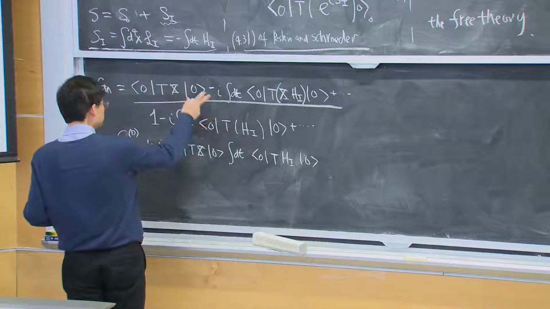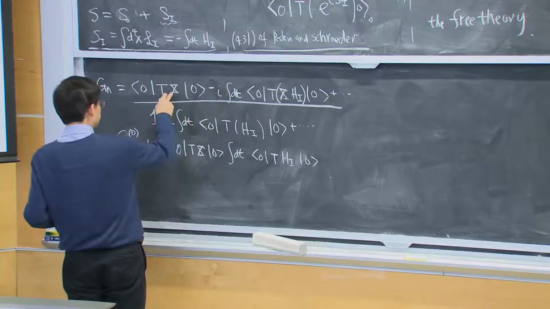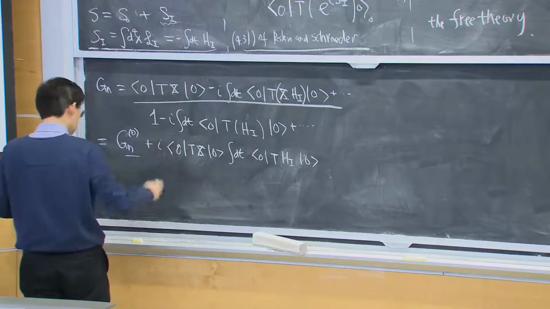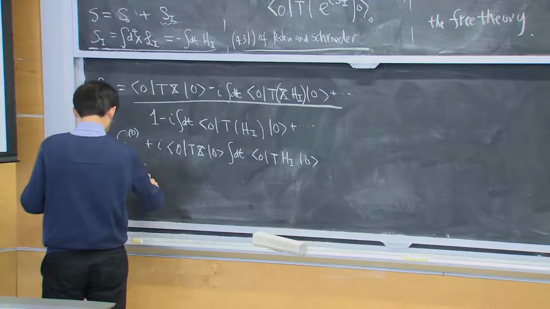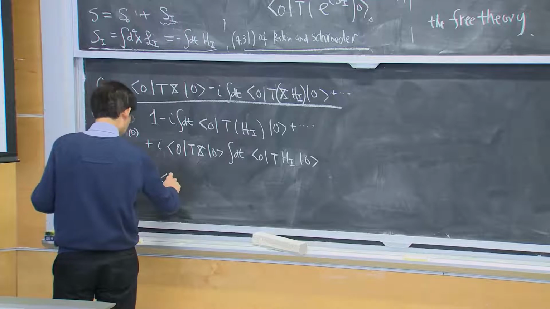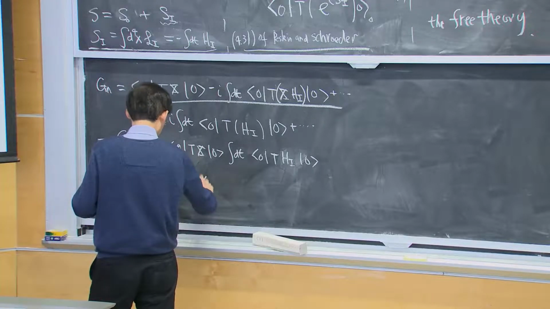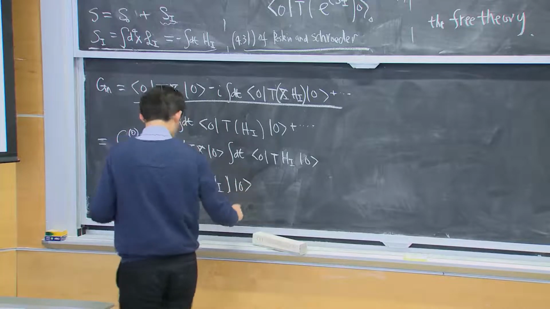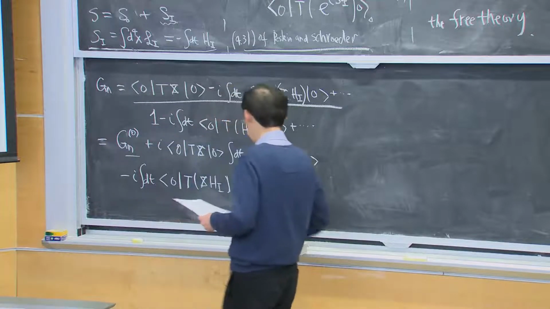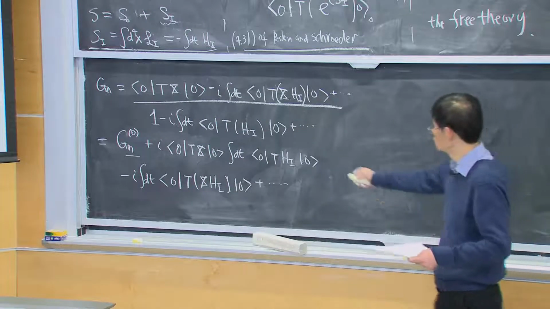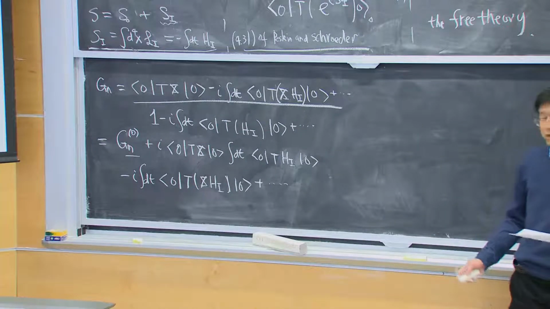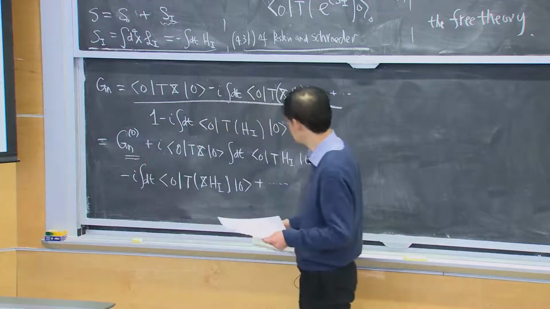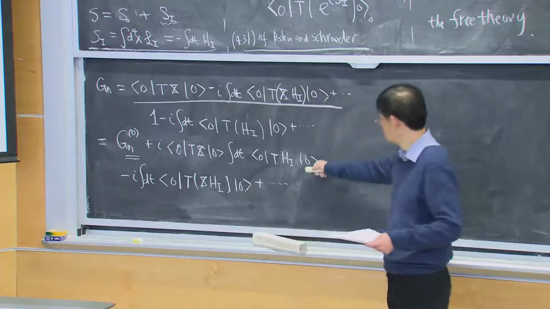This is the term we bring up and then multiply by that term. And then there's another first order term, given by i dt 0 T x H_I 0. So these are the full first order terms, which are the correction to the free theory n-point functions, and we need to evaluate those quantities.